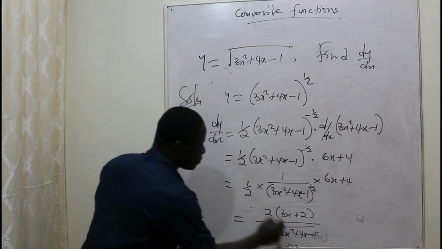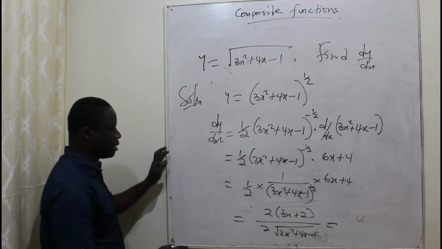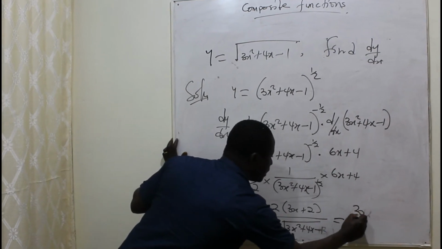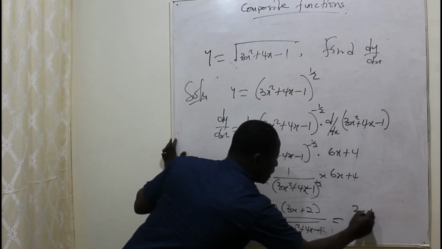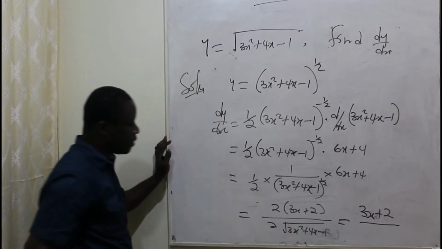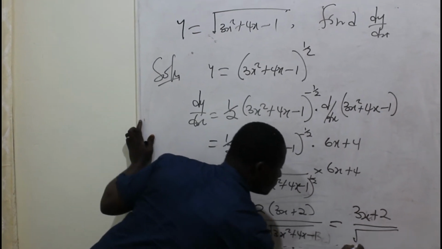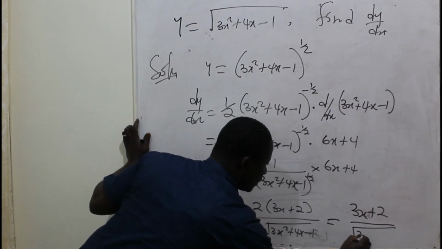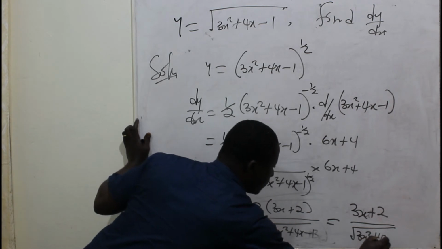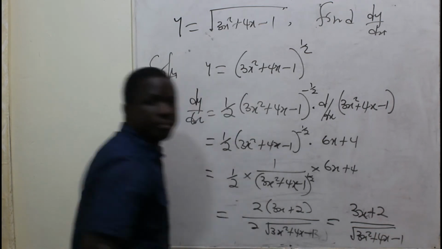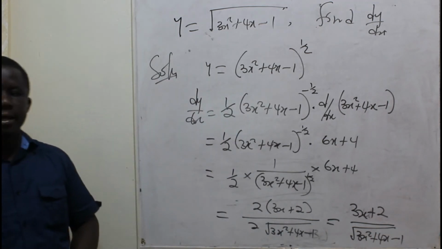So the 2's will cancel and the final answer will now be (3x + 2) divided by the root of 3x squared + 4x - 1.